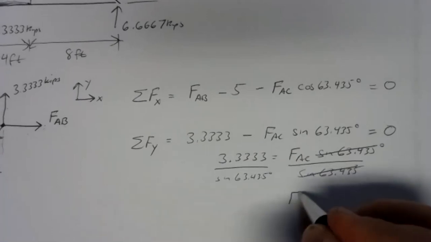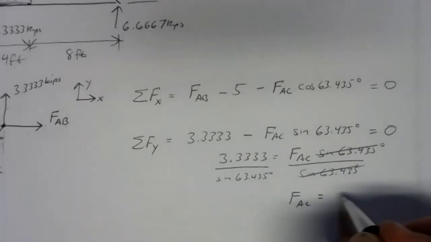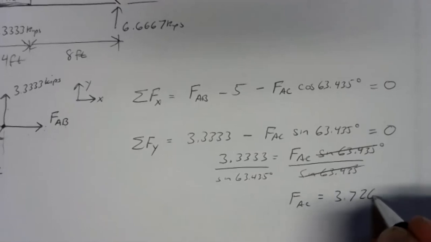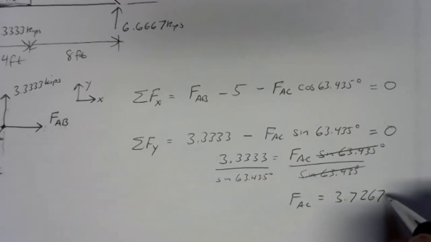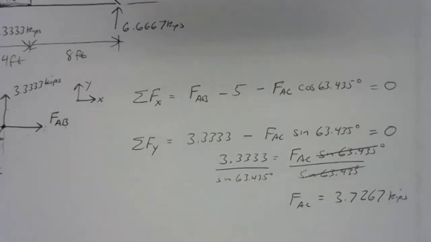that gives me that FAC equals 3.7267. And this is force. Our units are in kips, so kips. So that's member AC's load. Member AC carries a load of 3.7267 kips.